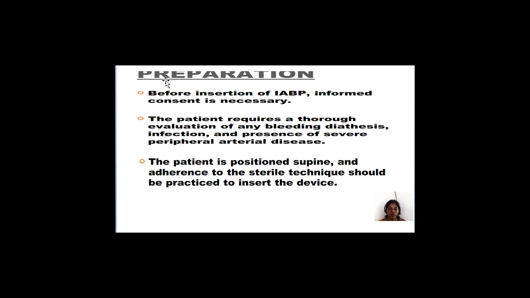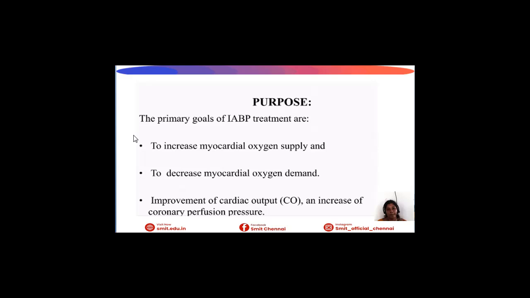We have to ensure this, and the patient should be in supine position before giving any sterile drapes to them. Purpose of IABP treatment is mainly to increase the myocardial oxygen supply and to decrease the myocardial oxygen demand.